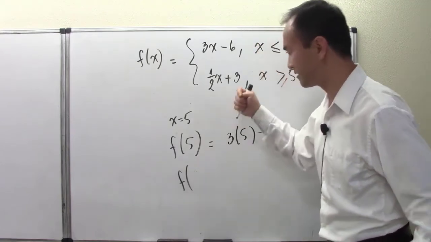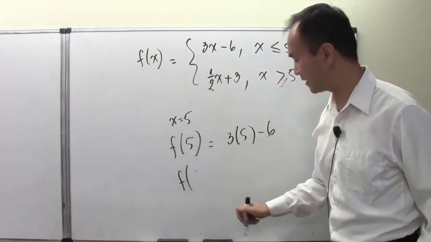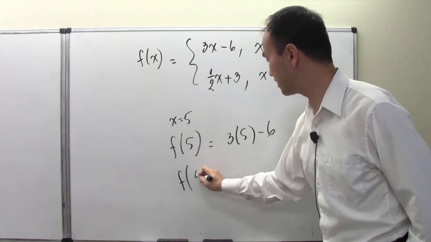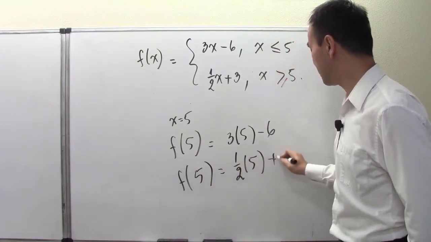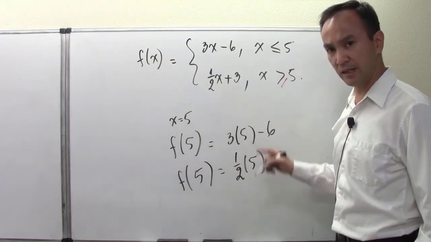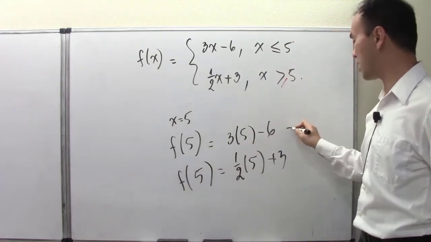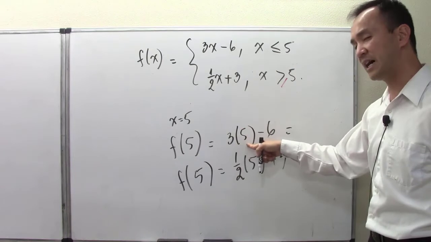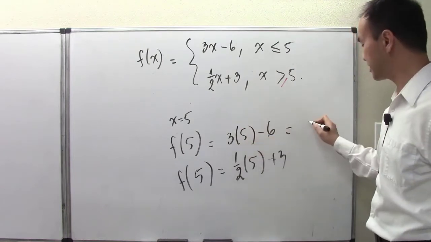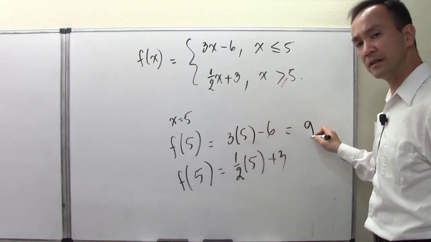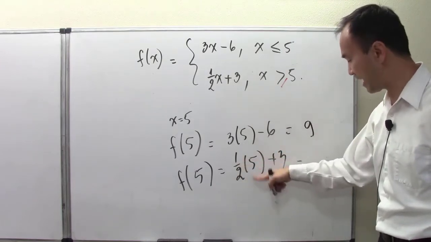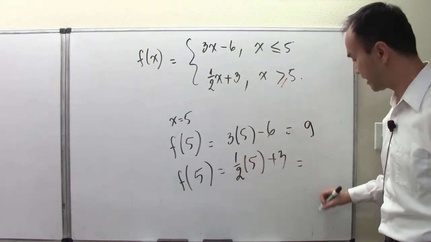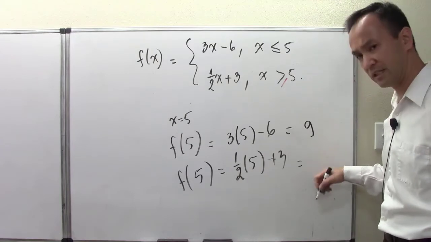Which one do we choose? Are we going with f of 5 equals 1/2 times 5 plus 3, or this? Doing this, 3 times 5 is 15 minus 6 is a positive 9, right? But then here it's a different value, 5/2 plus 3, which is clearly different.